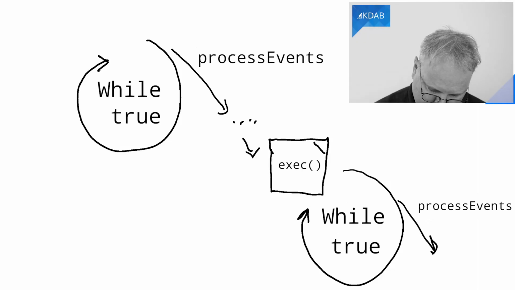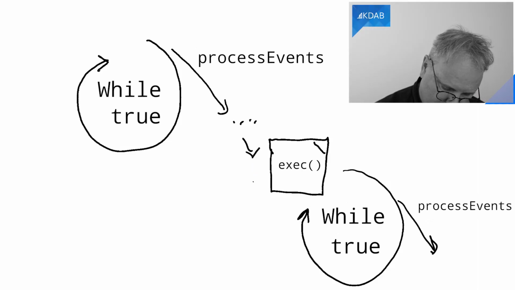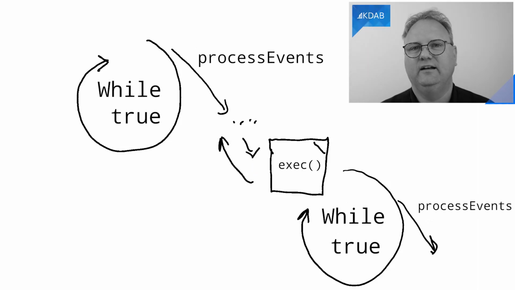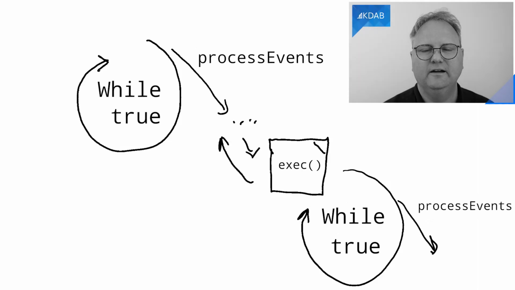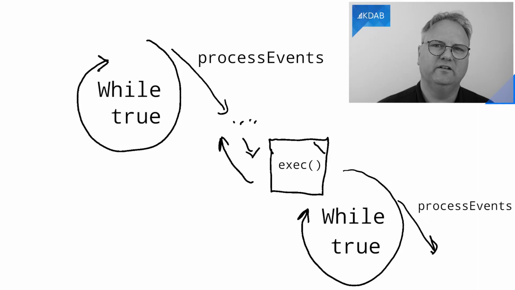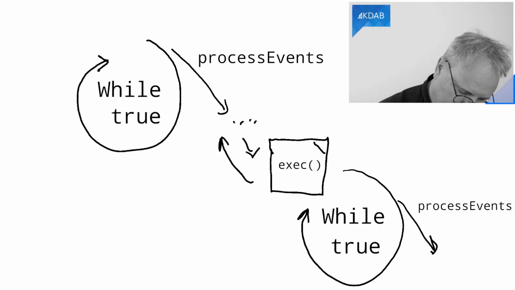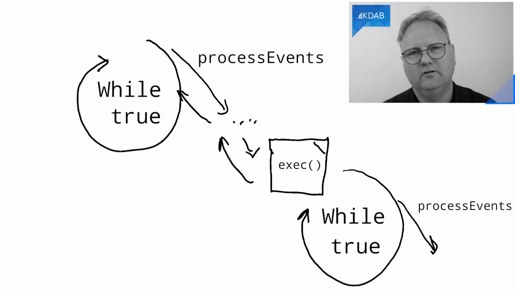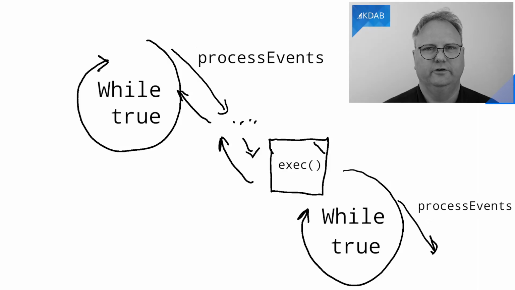And at that point, the exec will return and obviously go through all of these... which was the mouse press event that has been sitting there waiting for minutes or hours or days or however long the modal dialog was up. And the event will return back to our event loop. The event loop will run around again, and the recursive event loop will no longer exist.